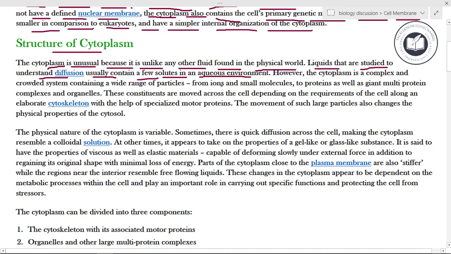However, the cytoplasm is a complex and crowded system containing a wide range of particles, from ions and small molecules to proteins as well as giant multi-protein complexes and organelles.